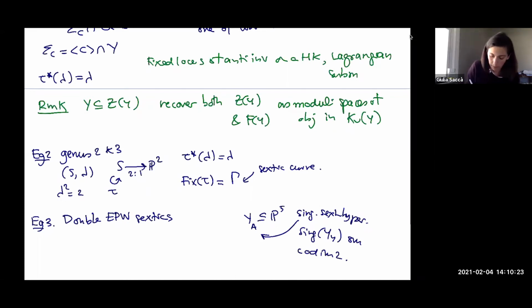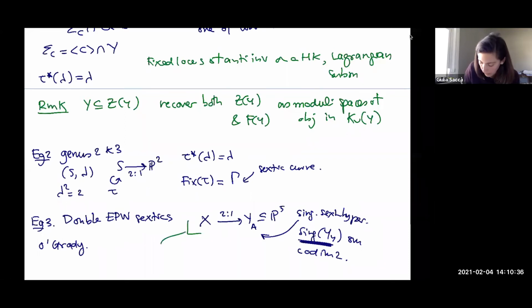And the result of Grady is that there exists a 2-to-1 cover of this, which ramifies exactly on the singular locus. And this 2-to-1 cover is, under some genericity assumption, a smooth hyperkahler fourfold.